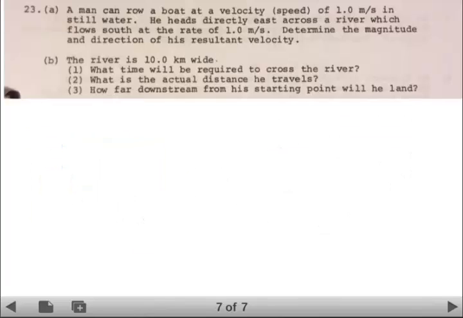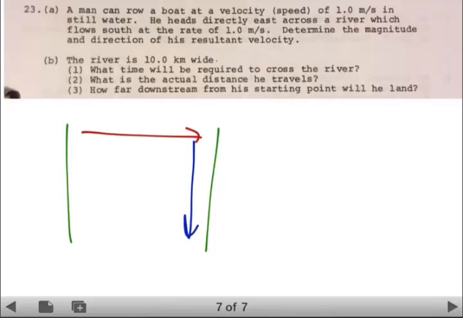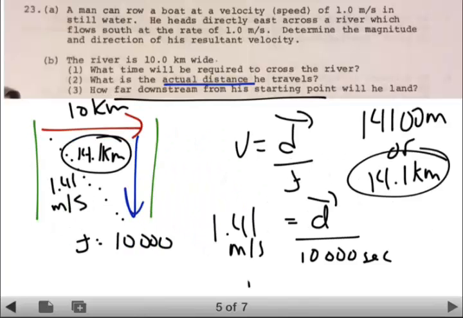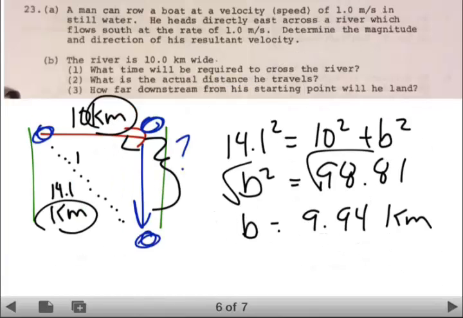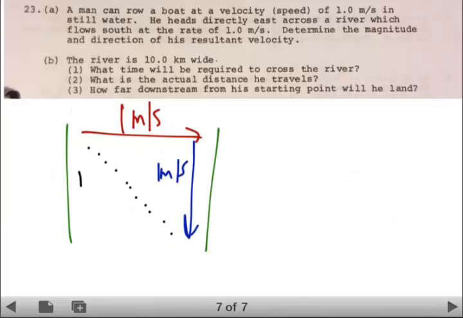So to summarize, let's look at the two triangles. The first triangle we looked at was a velocity one, where he was moving at 1 meter per second and the water was moving at 1 meter per second. Then his resultant velocity, or the hypotenuse, is 1.41 meters per second.